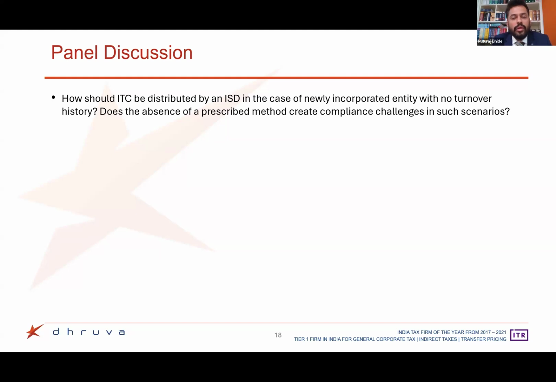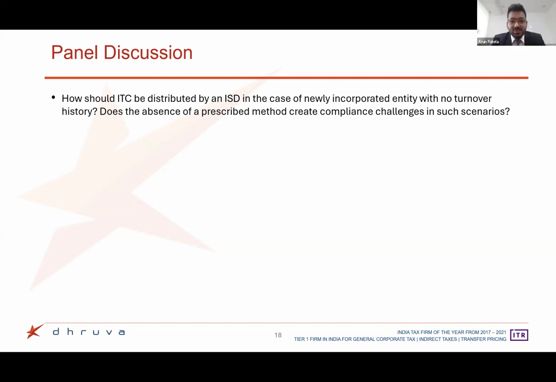Now, Arun, can you share some thoughts: I may have a situation where I am a newly started business, or let's say if I start one of my registrations and it doesn't have any turnover in the previous period. So how do you go about distribution of credit in these situations? I'm sure these are not very uncommon. Many of the companies would have this kind of a mix where they don't have turnover as a basis. So does that become a roadblock, or is there any way out of this situation?